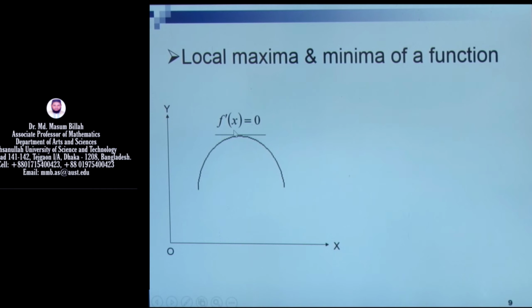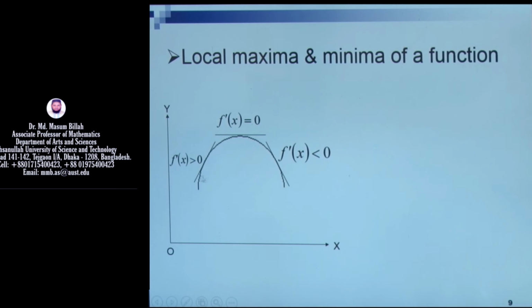So this point is known as a stationary point, or sometimes it is known as a critical point. Now we can check the left side of this critical point. If we draw a tangent on the left side of this stationary point, the slope is always positive, you see. And if we take a tangent adjacent to the right side of the stationary point, the slope of the tangent is negative.